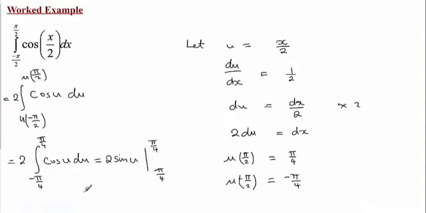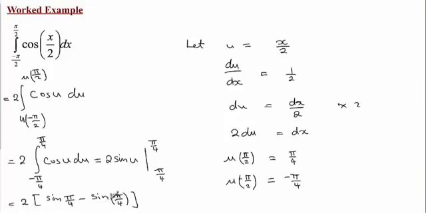Now what we're left with is just to evaluate this, which we're going to write here. This says 2 in brackets sine of pi over 4 minus sine of minus pi over 4.